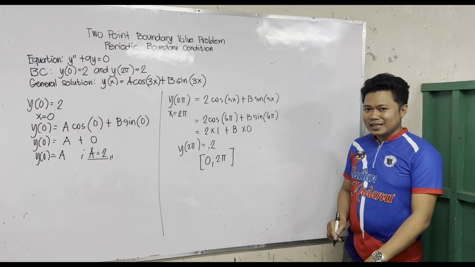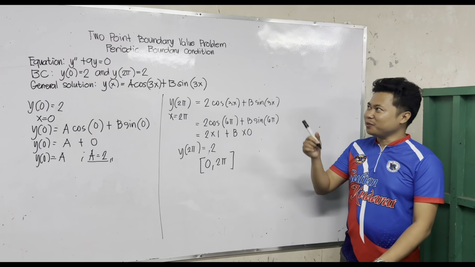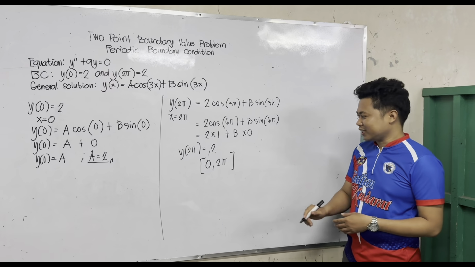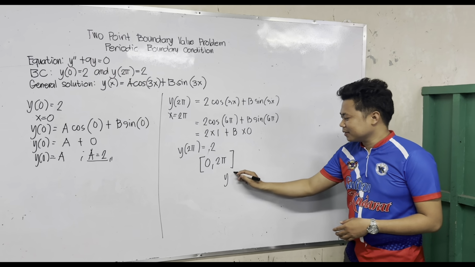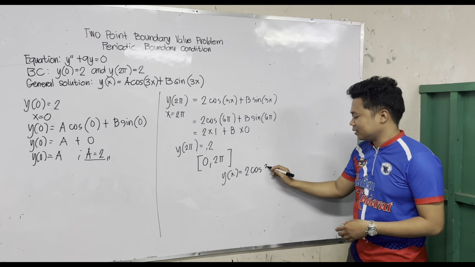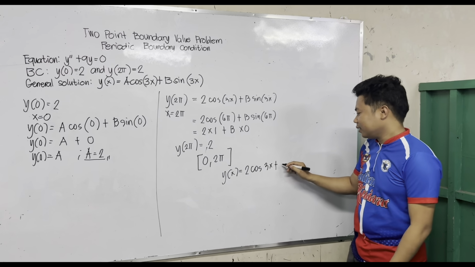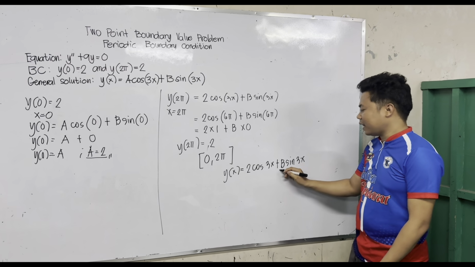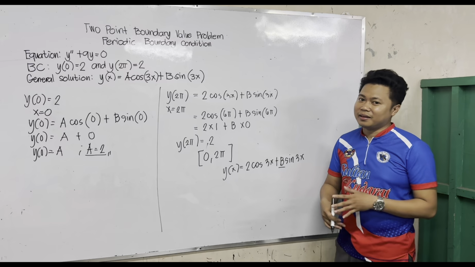Therefore, the final solution to our two-point boundary value problem with periodic boundary conditions is y of x equals 2 cosine 3x plus b sine 3x, with b an arbitrary real number.